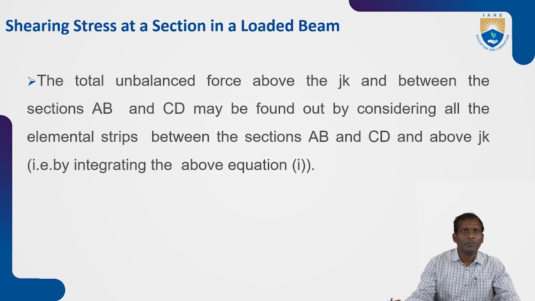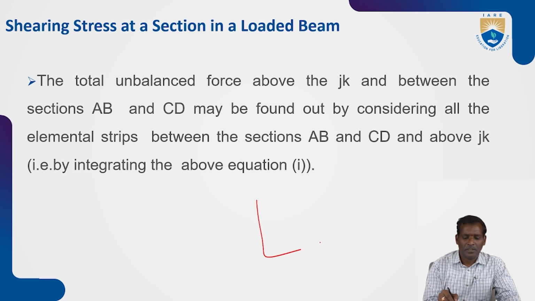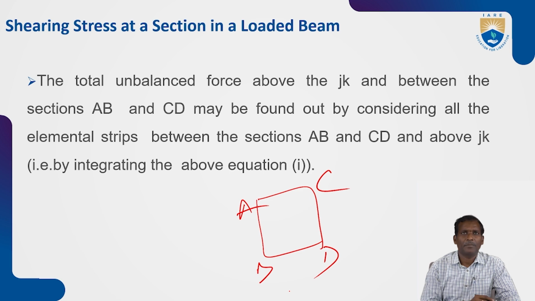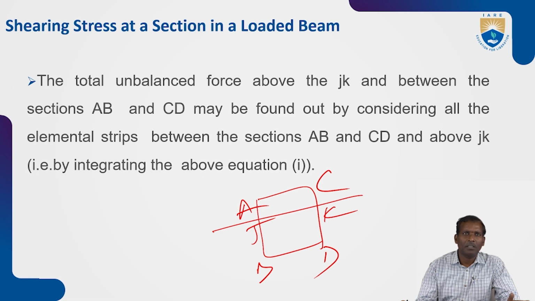So the total unbalanced force above the JK and between the sections AB and CD. So between the sections AB and CD, A, B, C, D, in between is the section JK. It may be found by considering all the elemental strips between the sections AB and CD.